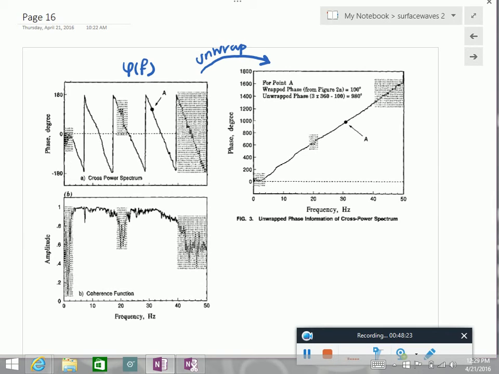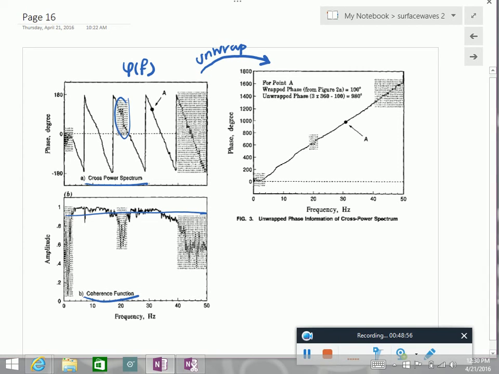And then the coherence function is used to throw away the part of the data which is noisy. You calculate the cross-power spectrum and the coherence at the same time, and you put a threshold. Whenever your coherence drops below a certain threshold, you ignore that data in the phase.